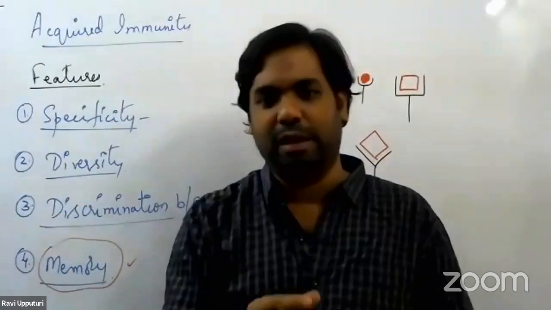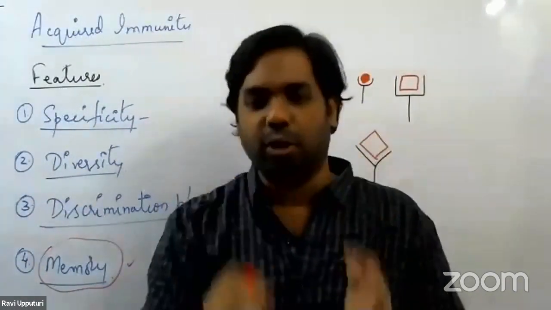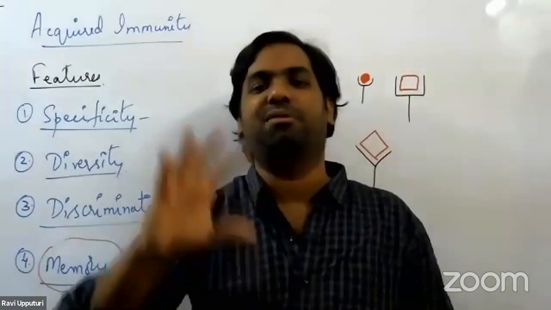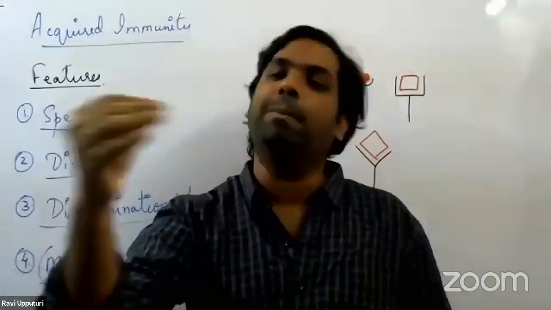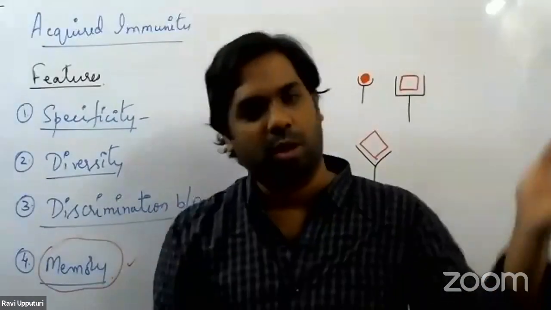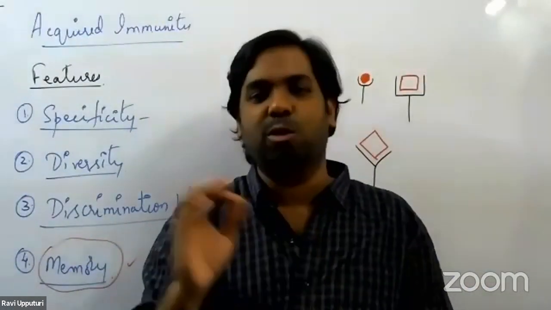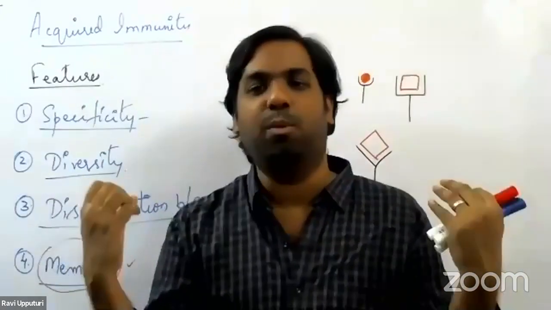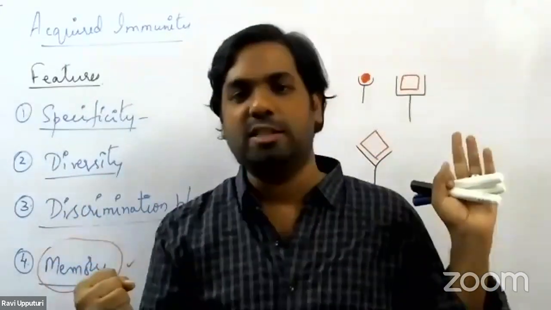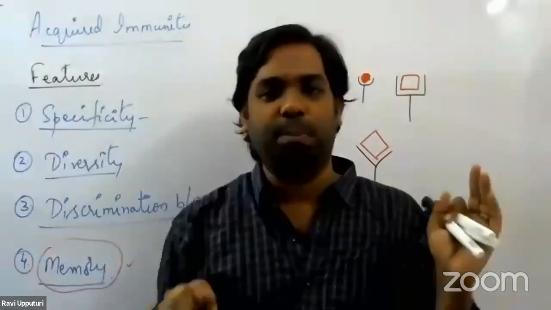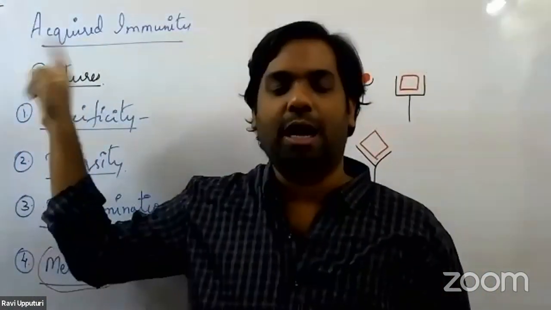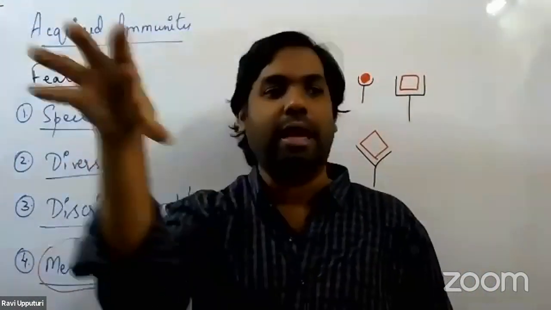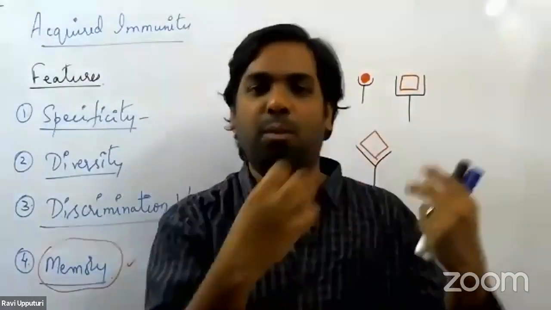Let me give you a simple scenario here. Say a person got infected by Salmonella typhi. We'll talk about typhoid. Say a person has got infected by this organism called Salmonella typhi. The first and second lines of defense failed. The third line of defense came into the picture. The cells of the acquired immune system have recognized that particular bacteria, Salmonella typhi.